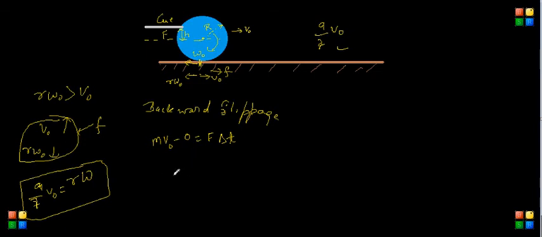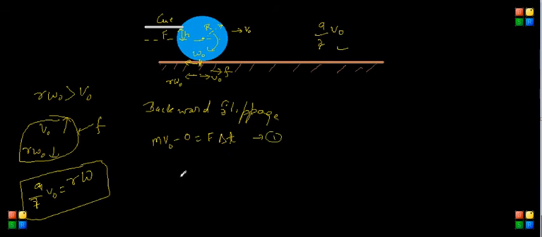Now another thing is that since there is an angular velocity as well, we will look at the angular impulse-momentum theorem about an axis passing through the center of mass of the ball and perpendicular to the plane of the ball. From that we can write this as my equation 1.